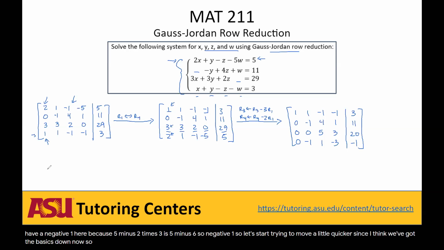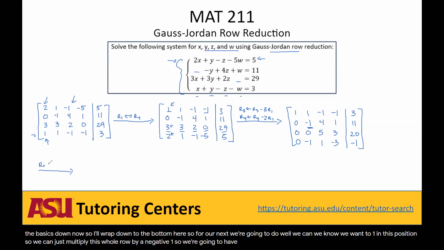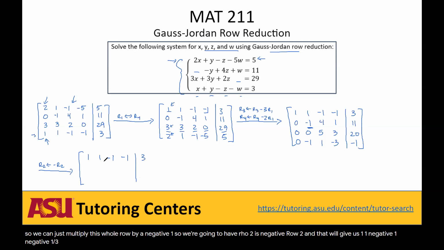So I'll wrap down to the bottom here. For our next step, we know we want a 1 in this position, so we can just multiply this whole row by negative 1. So row 2 becomes negative row 2, and that'll give us 1, 1, negative 1, negative 1, 3, then 0, 1, negative 4, negative 1, negative 11 for our second row.